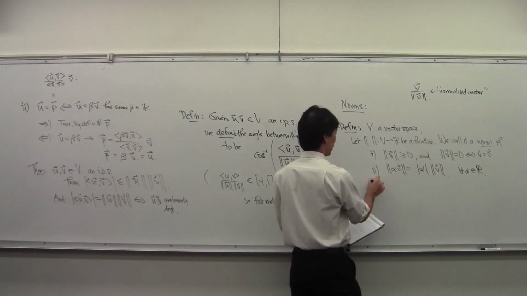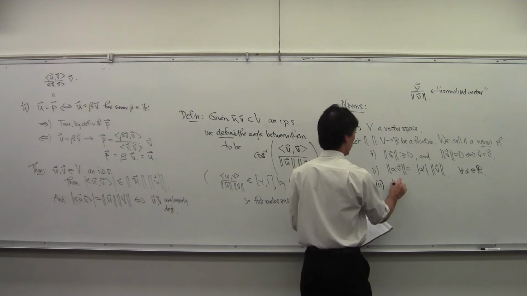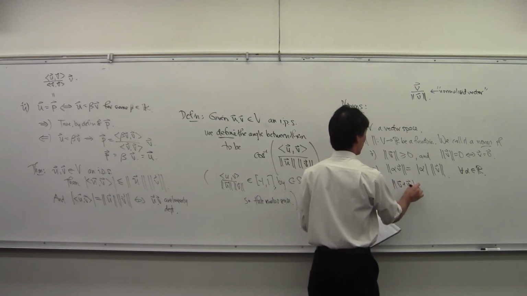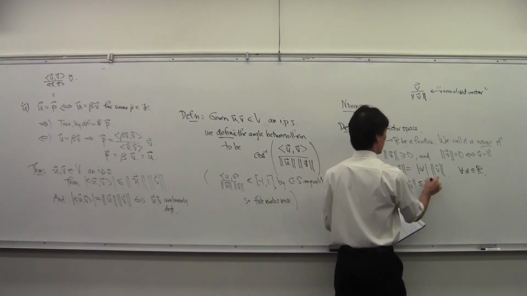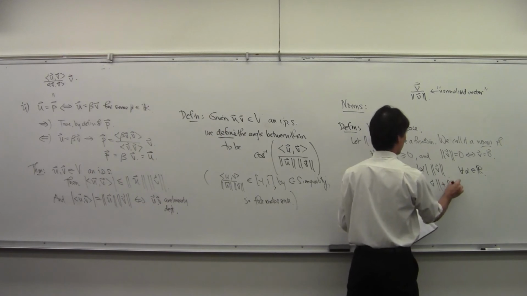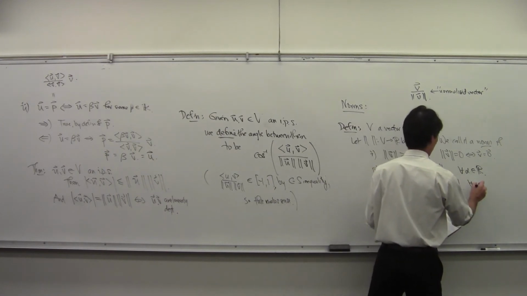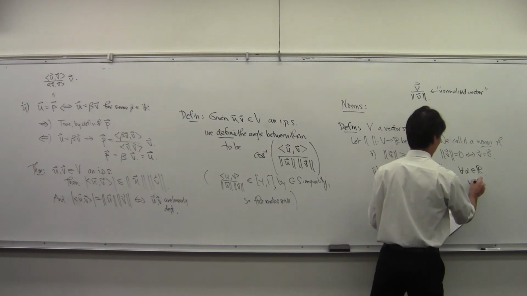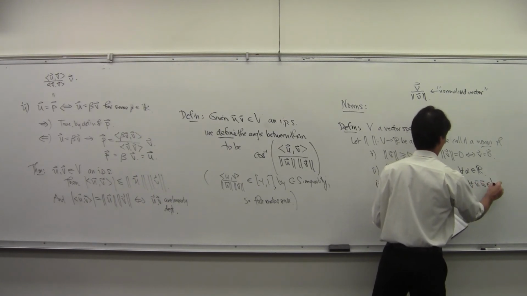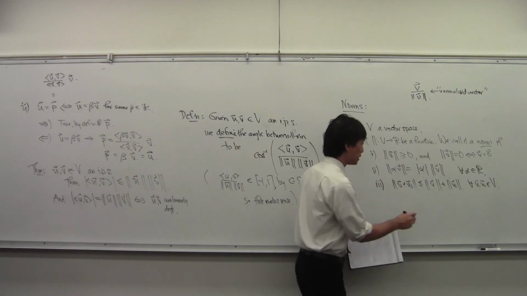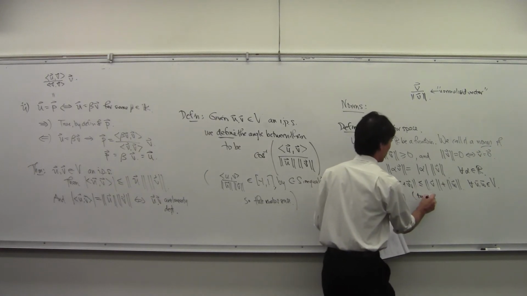And third, the norm of a sum of vectors is less than or equal to the sum of the norms of the vectors. This last thing is called the triangle inequality.